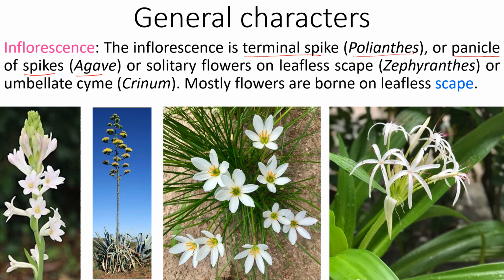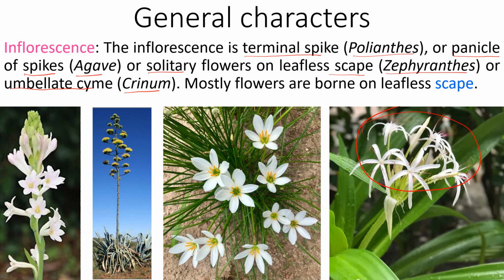Then it is a solitary flower with a leafless scape in case of Zephyranthes. Here you can see solitary flowers, and they are umbellate cyme in case of Crinum. So this umbellate cyme type of structure you can see.